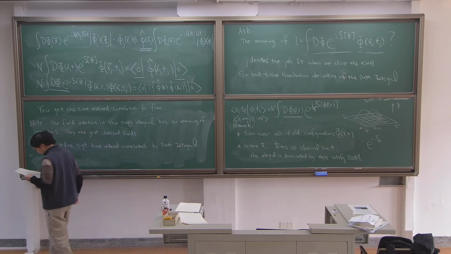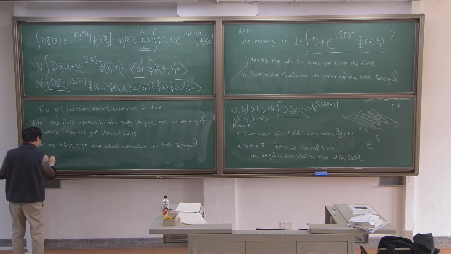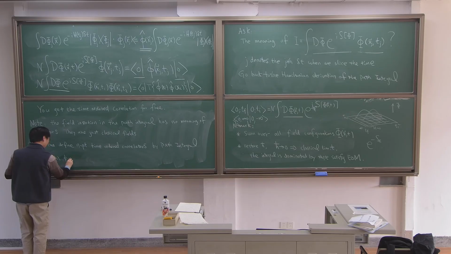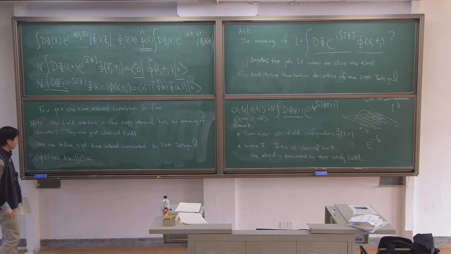So what do I do? In general, even for an interacting theory, I want to construct the time-ordered n-point functions, meaning I have the n operators. Then in terms of the path integral, what should I write?